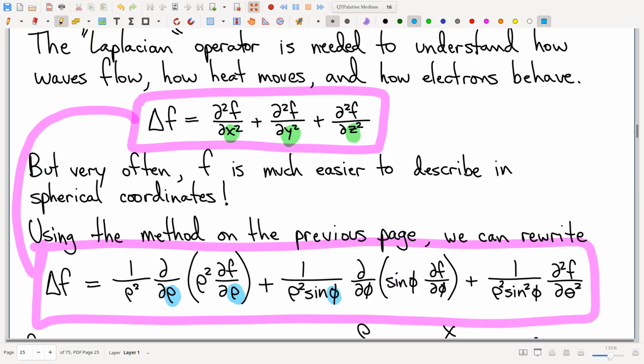You'll notice that all of the variables I'm taking partials with respect to here now are spherical coordinates. Same exact object, right? The Laplacian, still the same thing, but if you want to write it in spherical coordinates, you can. This is what it ends up being.